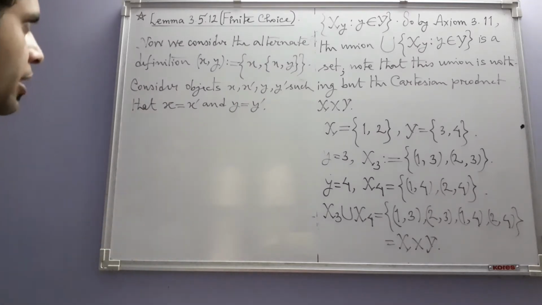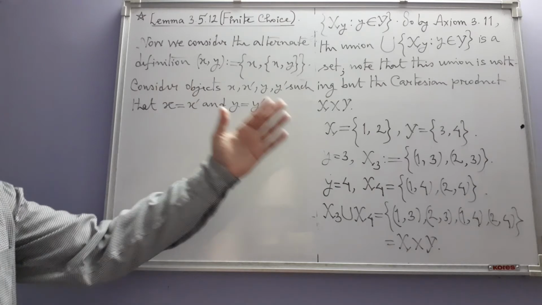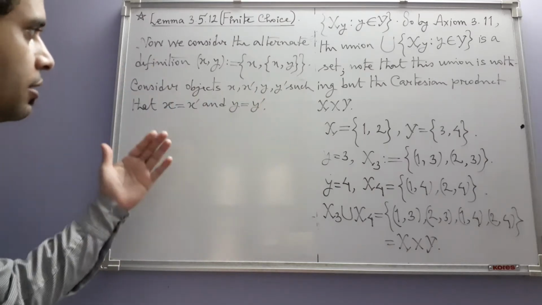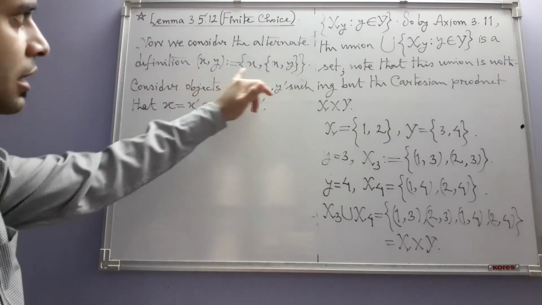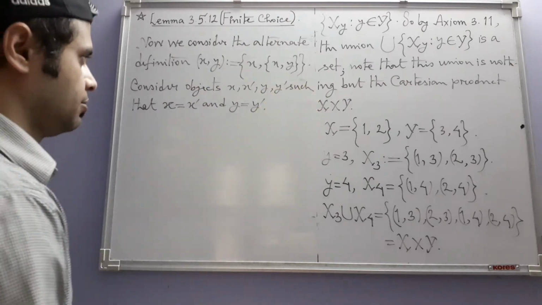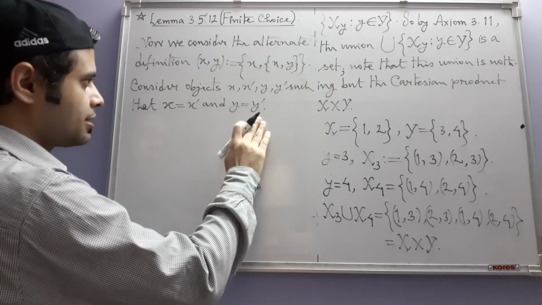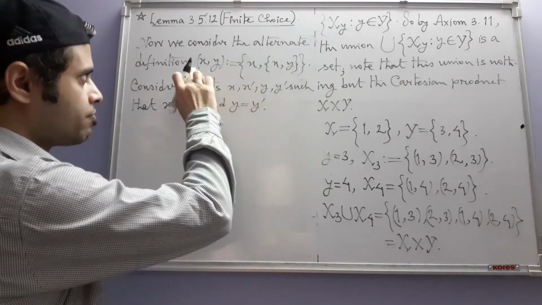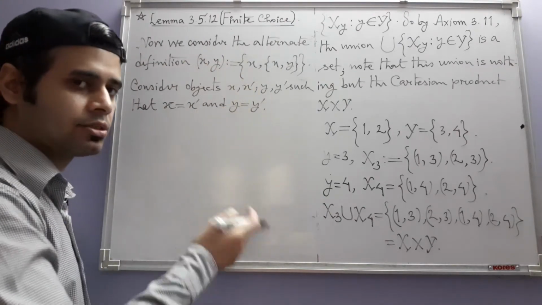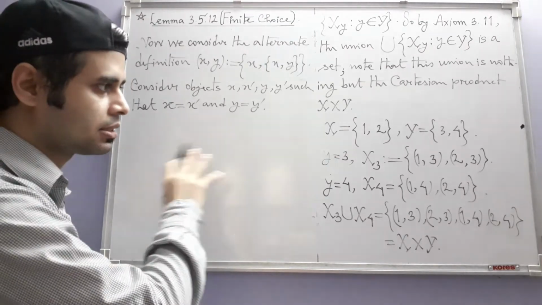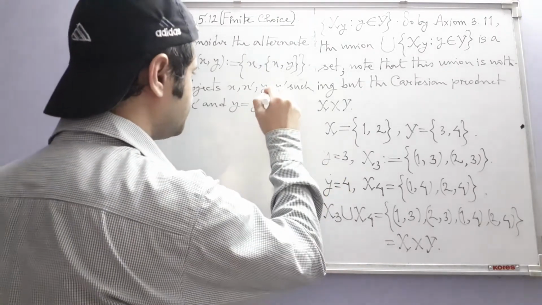Now we have to prove that x comma y is equal to x prime comma y prime. The two ordered pairs are equal, but now our definition is slightly different. However, you can see that from these assumptions you can prove that x comma y is equal to x prime comma y prime in much the same way as we did before.